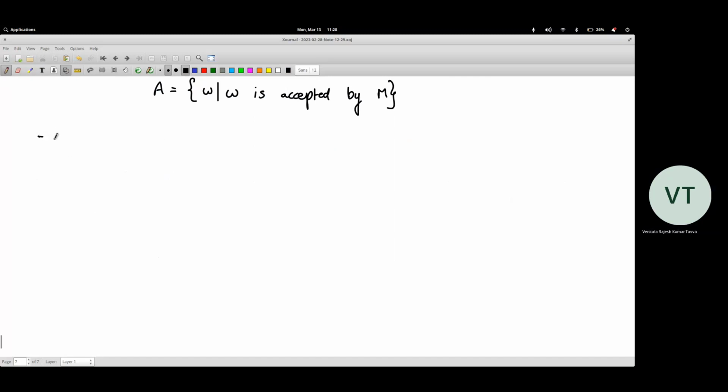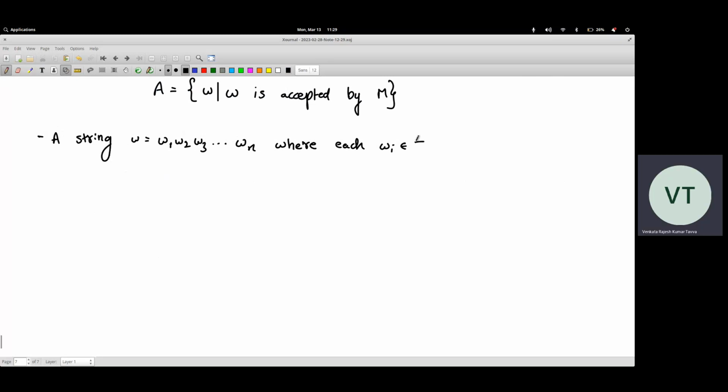So a string omega equal to omega 1, omega 2, omega 3 and so on up to omega n, where each omega i belongs to sigma.